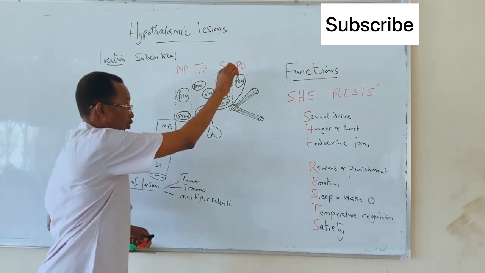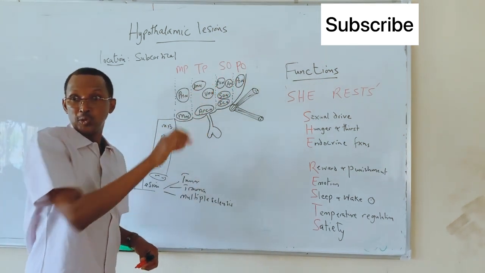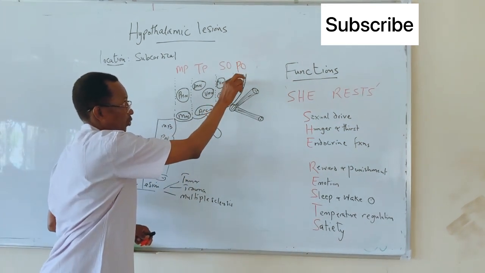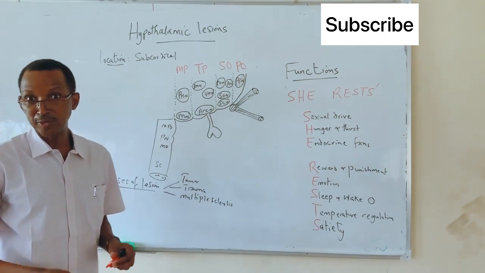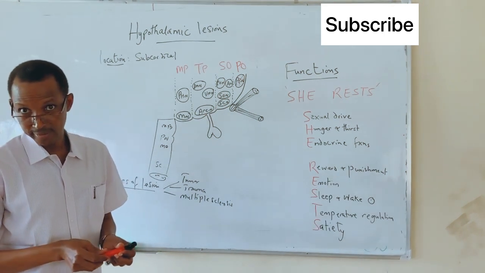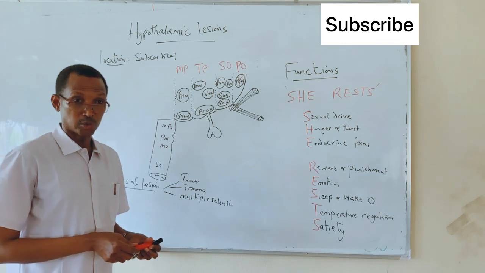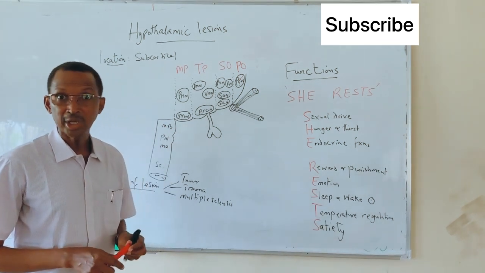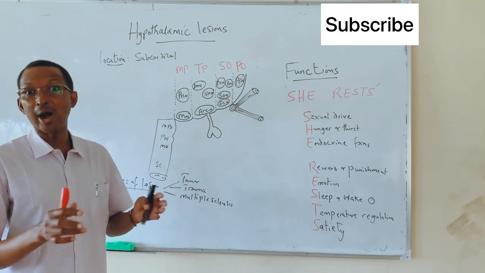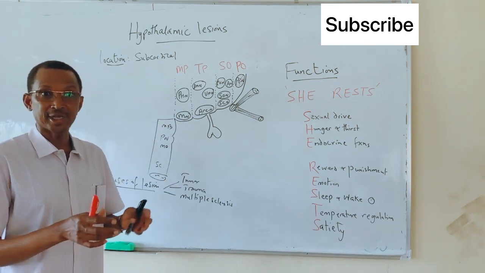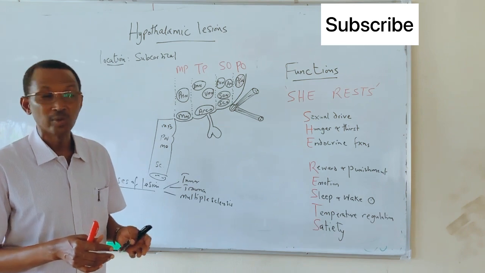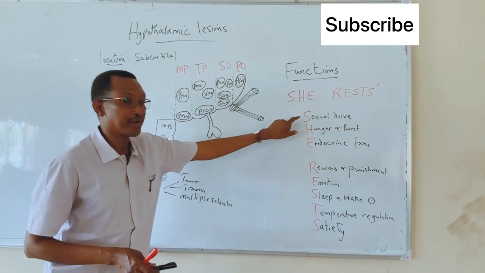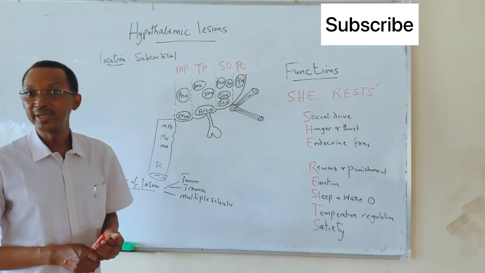The pre-optic portion contains only one nucleus, the pre-optic nucleus. This nucleus is responsible for our sexual drive and also the release of gonadotropin releasing hormone, responsible for the control of our secondary sexual characters. So in case this nucleus is affected, the sexual drive is also going to be affected.